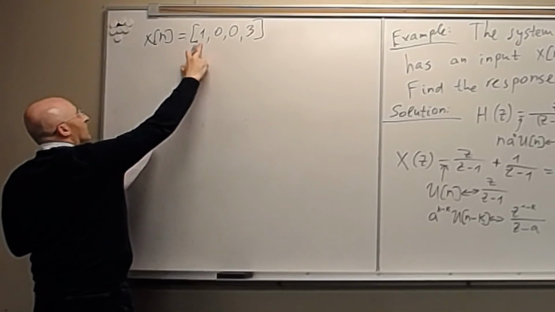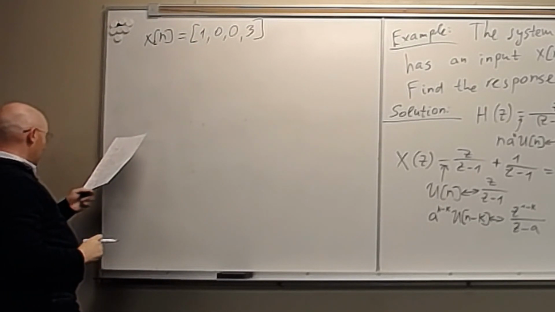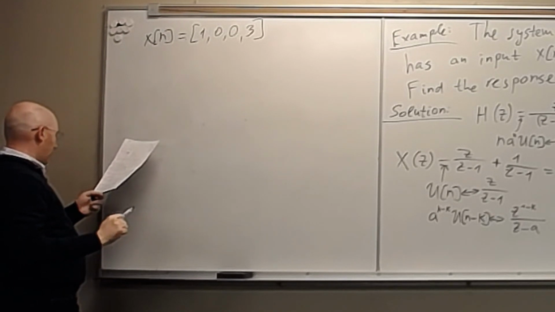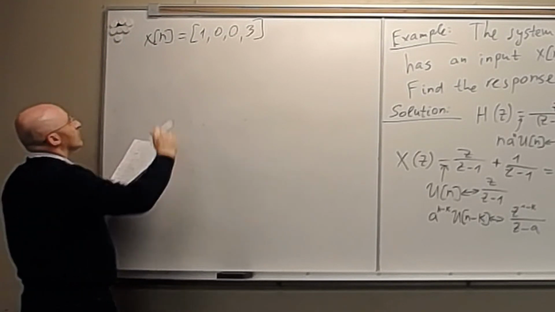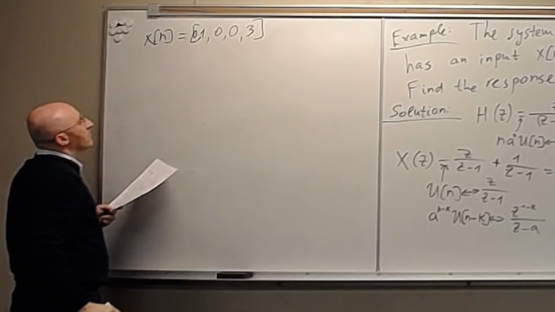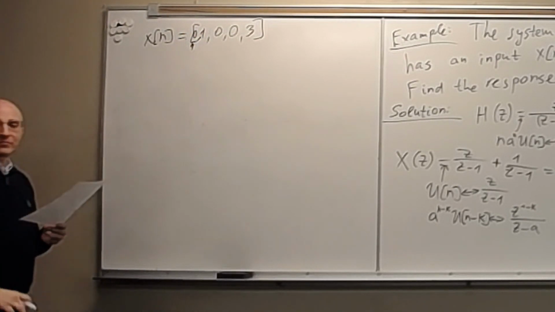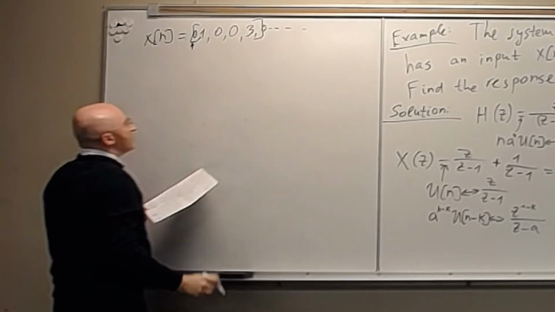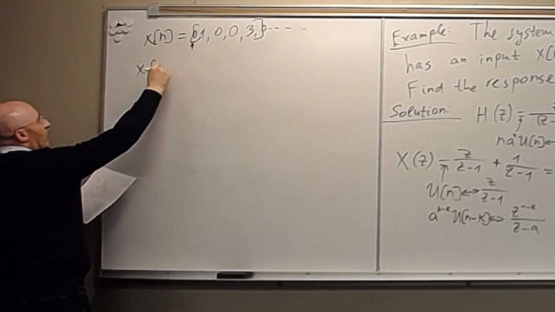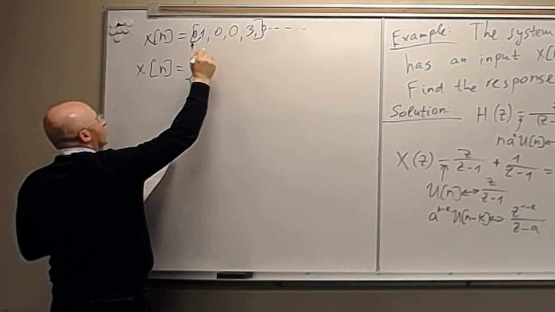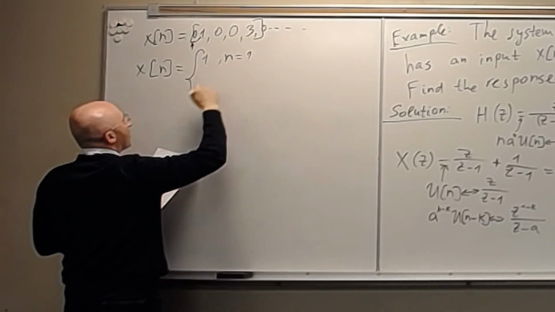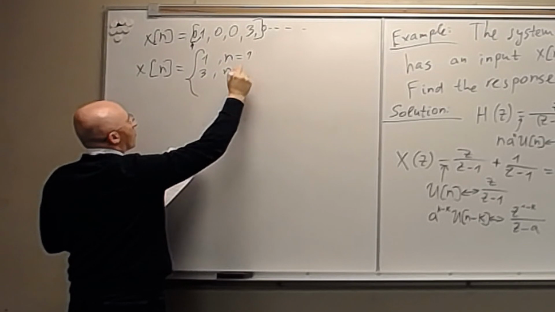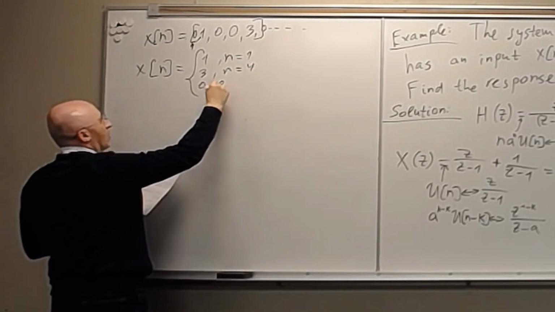Let's start with 0. So it starts here, and it continues with zeros, so you have as many zeros as you want. You can write that in a different way. It will be 1 for n equals 1, 3 for n equals 4, and 0 otherwise.